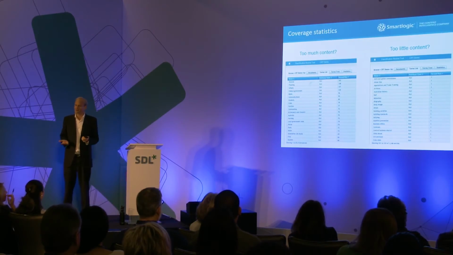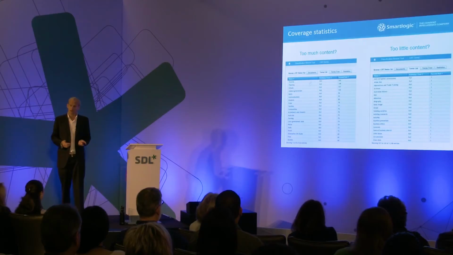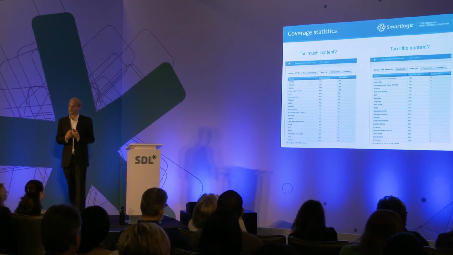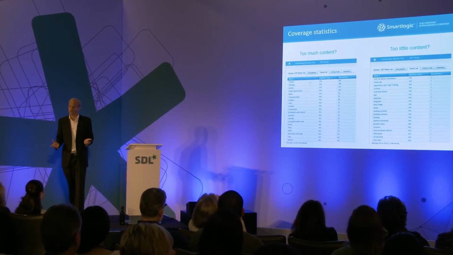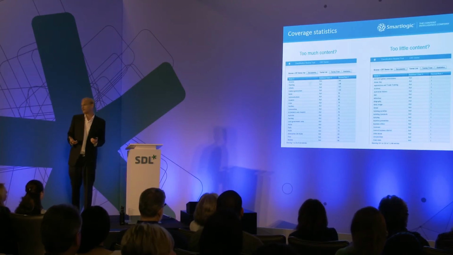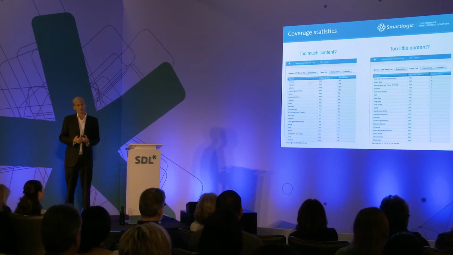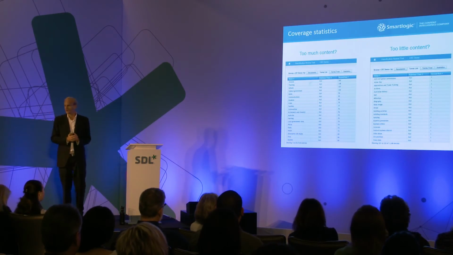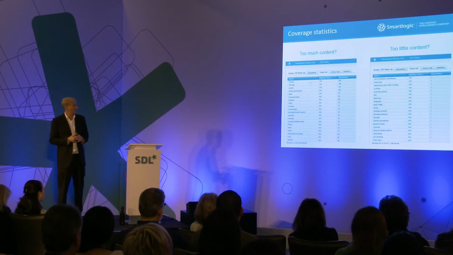Do we really need that much content about one topic? Can we prune that back and reduce our maintenance? Or it might tell us that we need to break that topic down into more granular topics so that when users navigate through the site or search, they get a small set of results that's really relevant rather than a big bucket of stuff, most of which is of no interest.